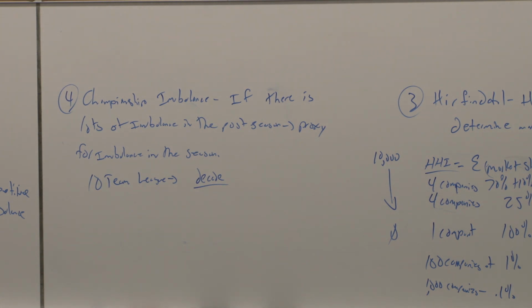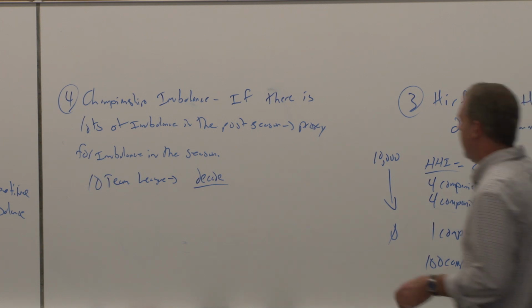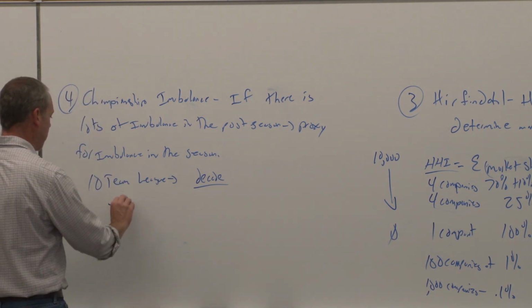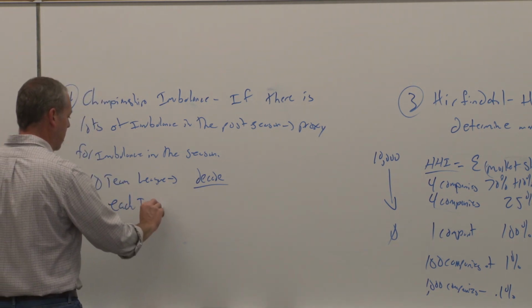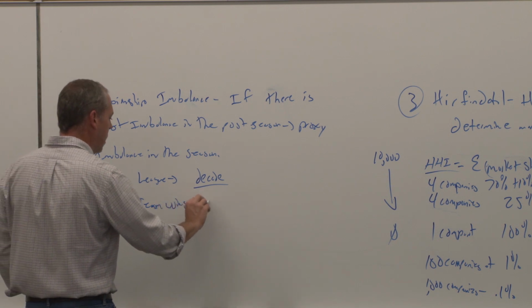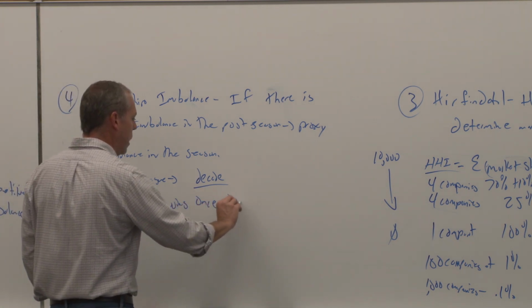What should we see happening? Each team wins once. Exactly. If we have 10 competitively balanced teams, we should see each team wins once a decade.